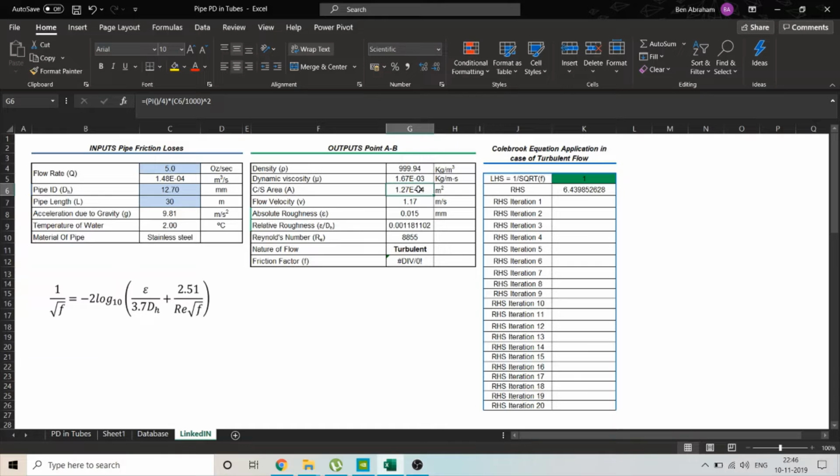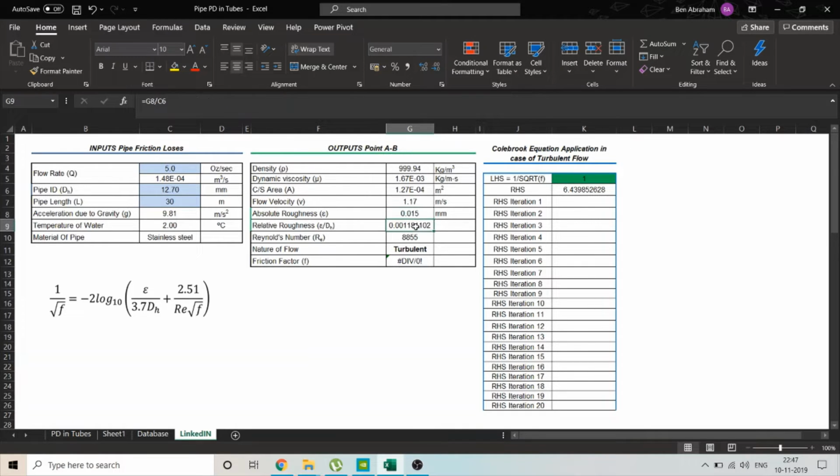I define the cross-sectional area from the available diameter. I can also determine the flow velocity of the water using the continuity equation, Q is equal to area times velocity. Then the absolute roughness of the tube carrying this fluid, in this case stainless steel, and its value is about 0.015 millimeter.